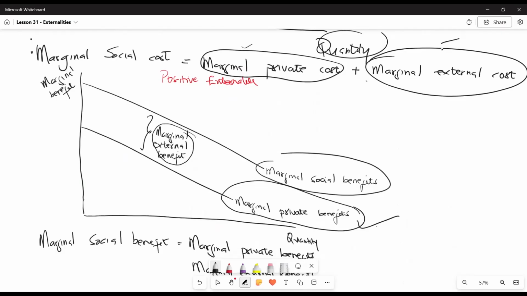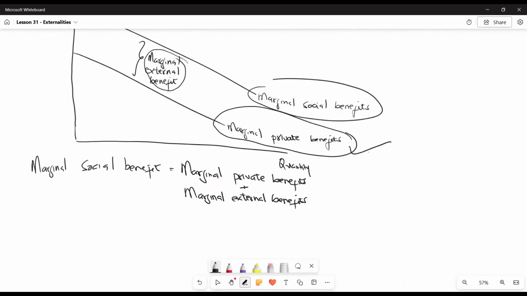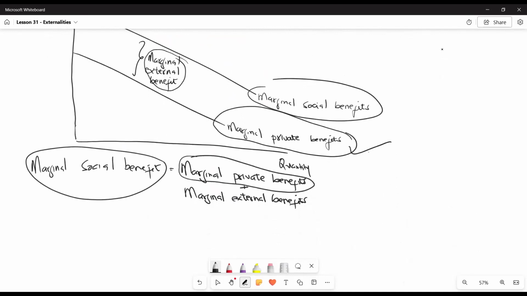So this happens because people ignore the external benefits that their consumption of the good is having on other people. So they tend to consume less of the good than what is optimal for society. So if you look at the marginal social benefit, you find that it is the marginal private benefit plus the marginal external benefit. So this is all that we have on our lesson on externalities.